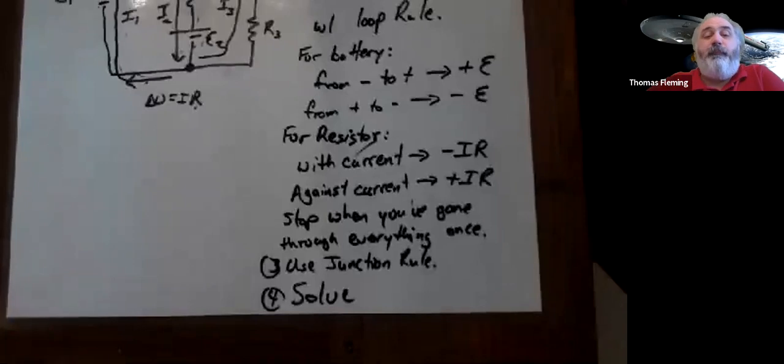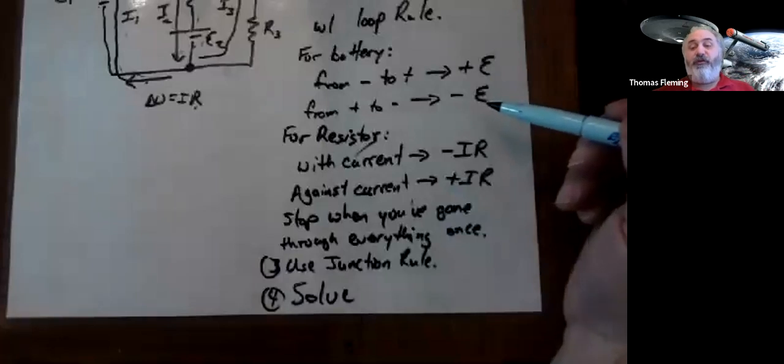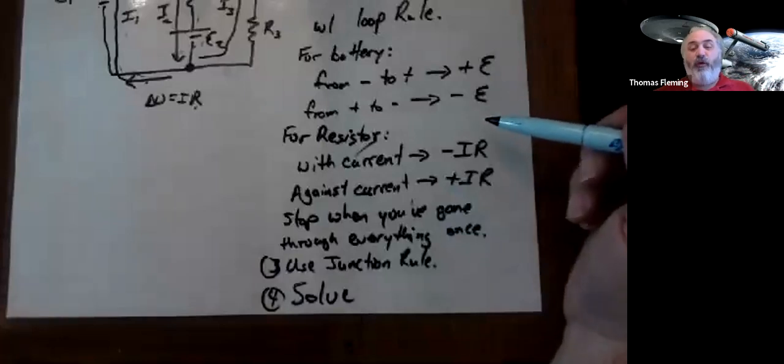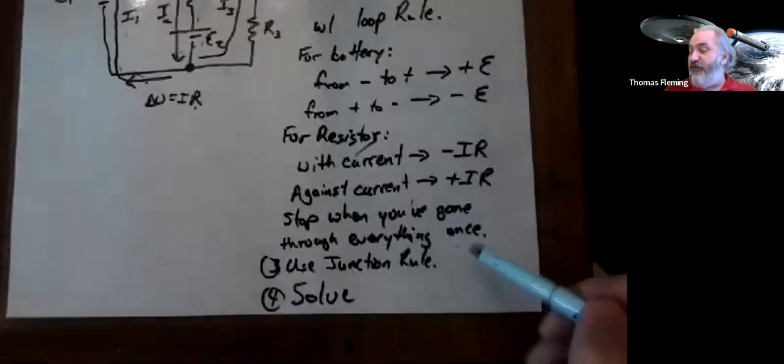So that's going to be the process that we'll use for solving a problem like this. We'll guess the currents, we'll generate some loop rule equations until we run out of loops to do. Once we do that, we'll use the junction rule until we have enough equations to solve it. In this case, we're going to need 3. And then once we have the 3 equations, we do the math.